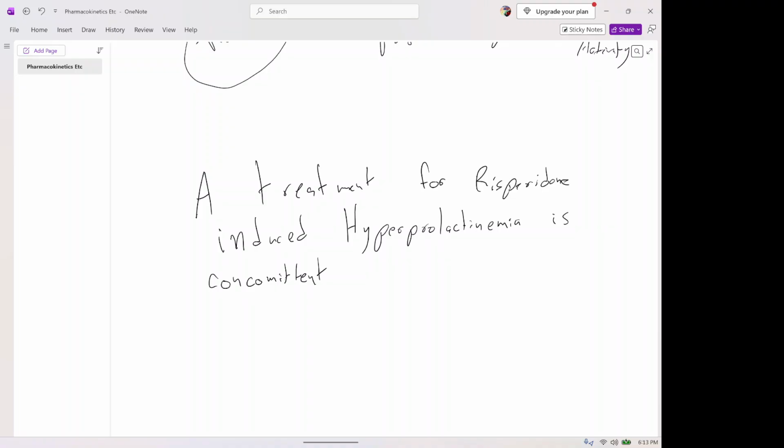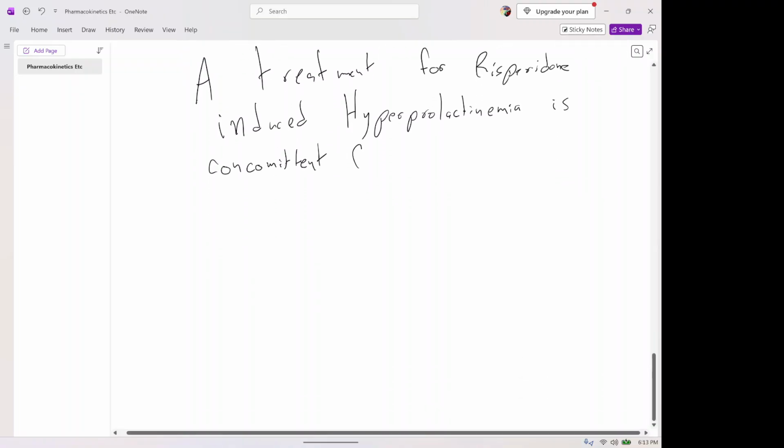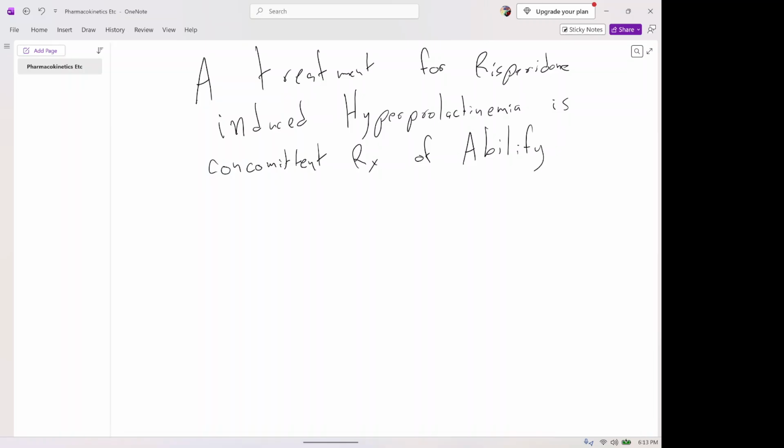I'm bad at that. And the beautiful thing is, because the receptor affinity is so much stronger with Abilify, you only need a low dose for the effect. So, because we want to be careful with antipsychotic polypharmacy, we want to have a reason for it.